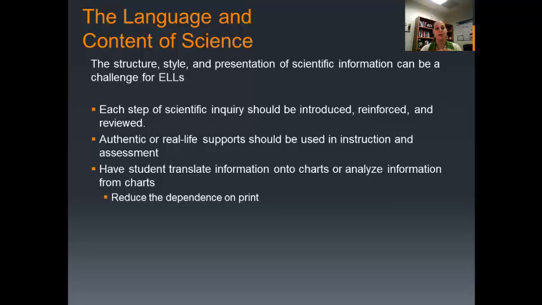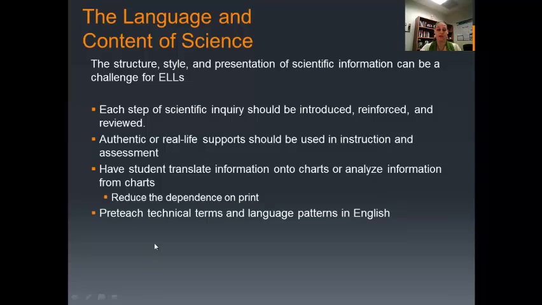What that does is make sure that students understand how they derived that information, those numerical aspects, from the language, and it also gives them a support when they're asked to write up or describe their results, because they have that table with the numbers available to support their writing. This of course reduces their dependence on the print.